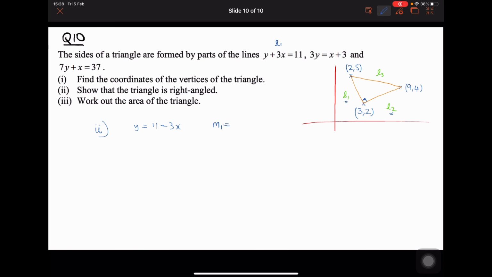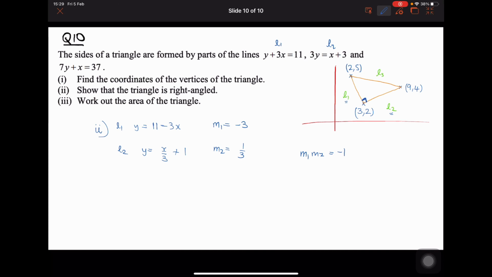So write, m1 equals -3. L2 is here, x over 3 plus 1. So the gradient is 1 over 3. So yeah, m1 m2 equals -1. So this is indeed a right angle, and so the triangle is a right angled triangle.